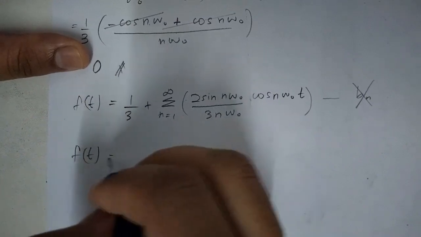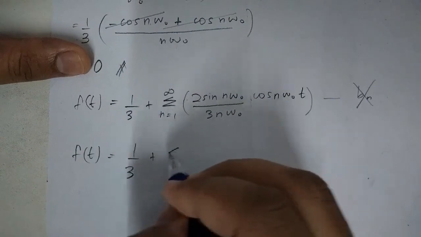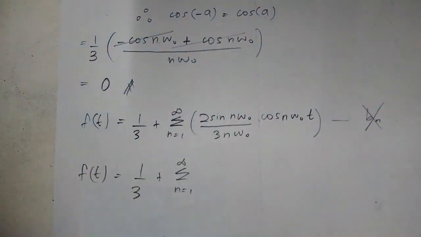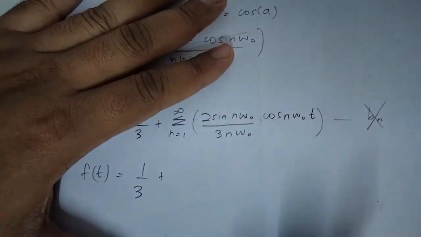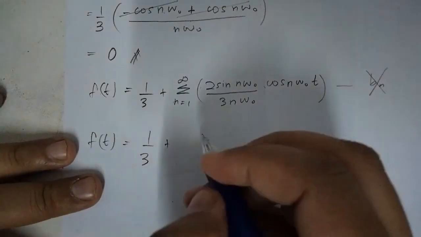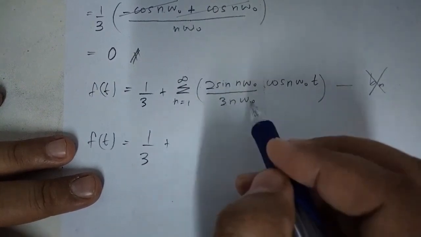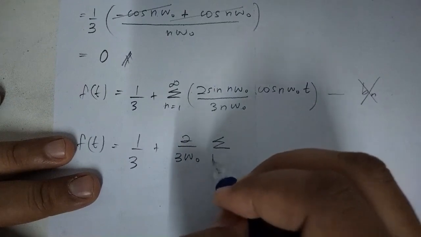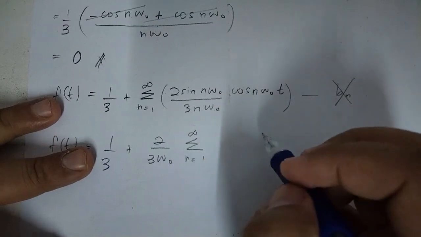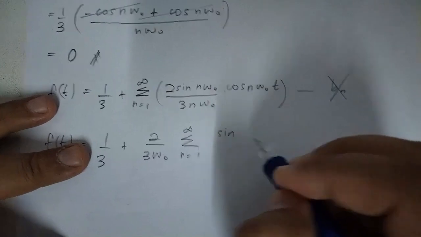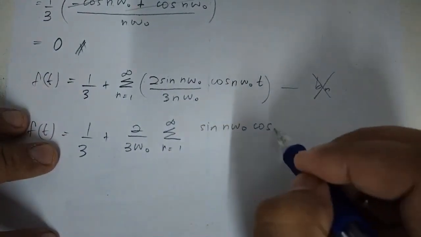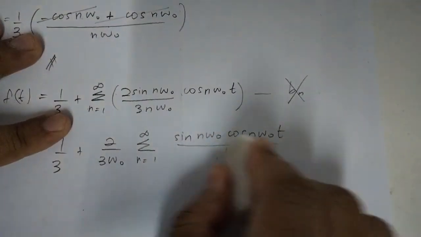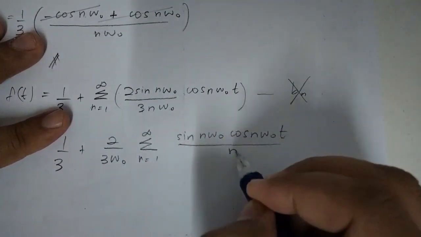So f(t) is 1 over 3 plus the summation from 1 to infinity, or we can take this out, 2 over 3 omega naught, and we now have sin(n omega naught) cos(n omega naught t) over n.